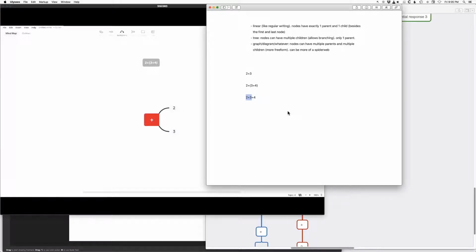Okay, and then where does the next thing go? So these make up 5, and then we were adding 4 to 5. So how do I do this? Okay, so I think I need a new plus node.